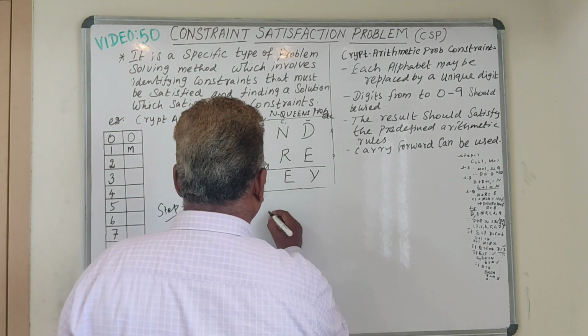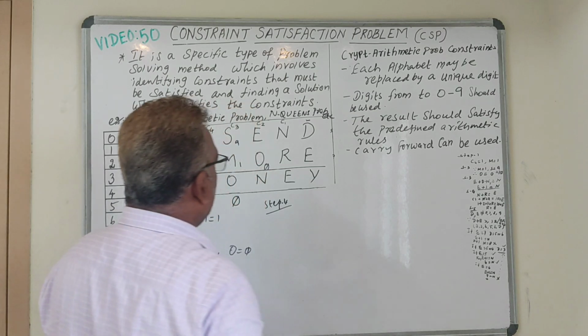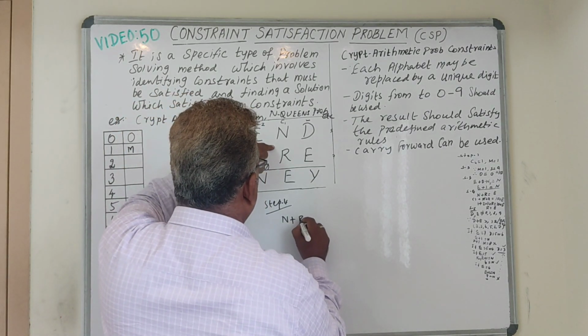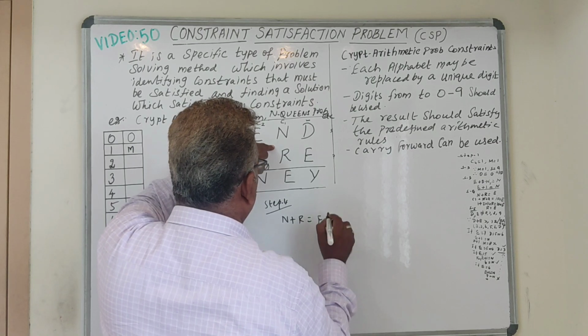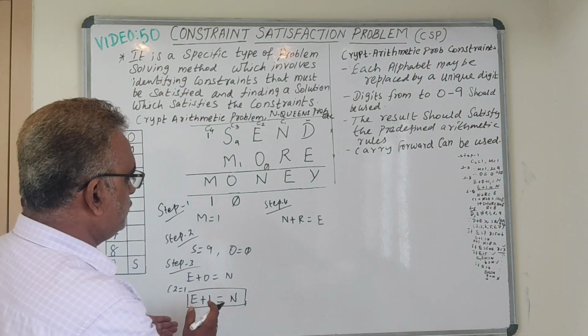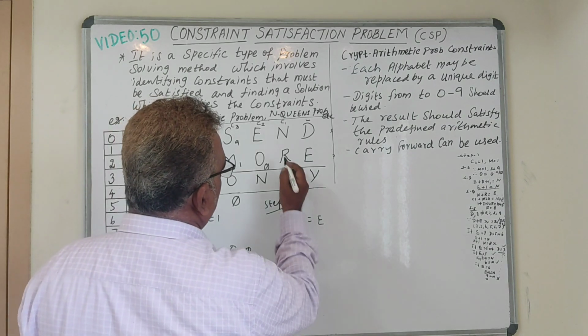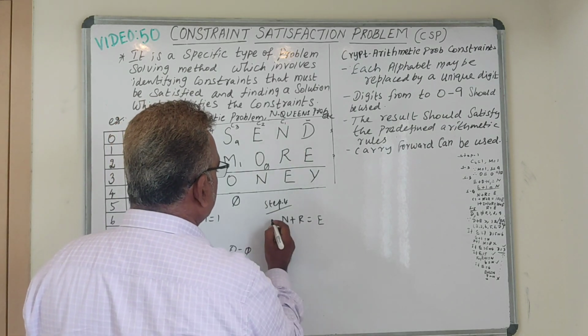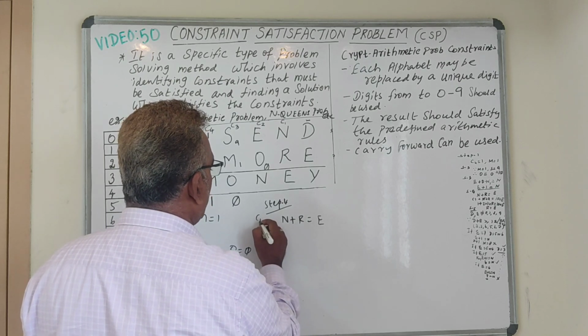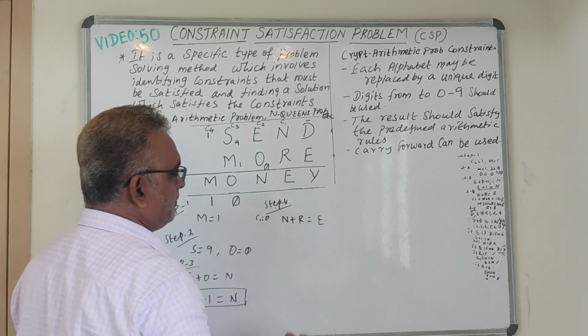I move on to step 4, that is N plus R is equal to E. Now you can use this value for N. And another thing, we have a carry here. If you don't have a carry, what will happen? If C1 is equal to 0, what will happen?